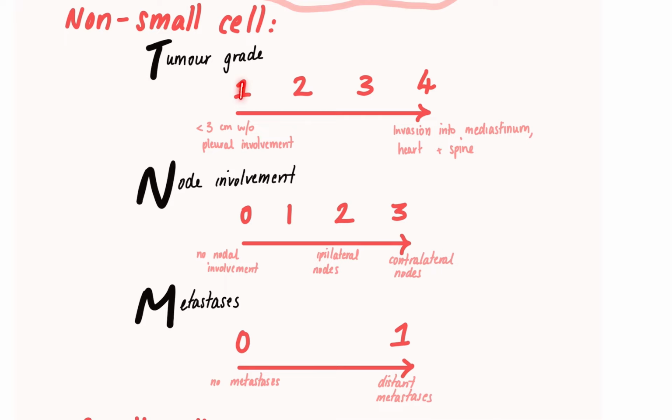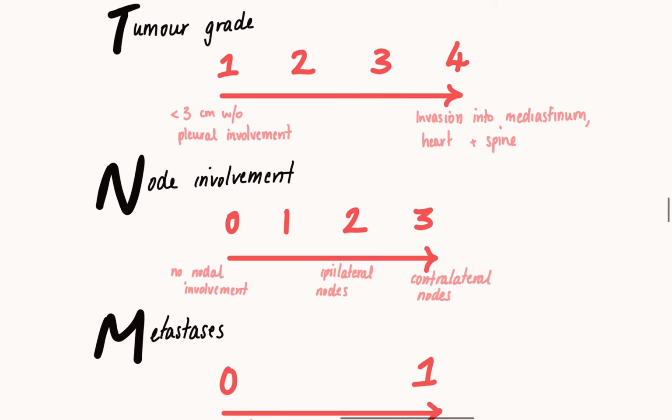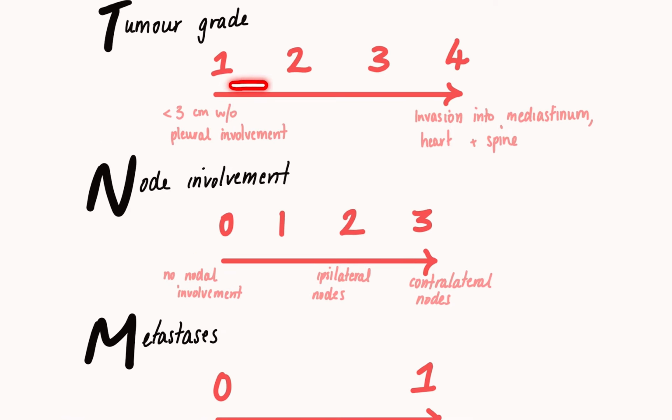A T1 corresponds to less than 3 centimeter size of tumor without pleural involvement, whereas a T4 indicates invasion into the mediastinum, the heart, and the spine. And that's on a scale. So T1, T2 would be a little more invasive and a little bit bigger. T3, even more, and T4 is invasive.